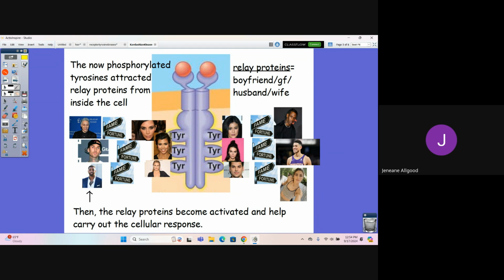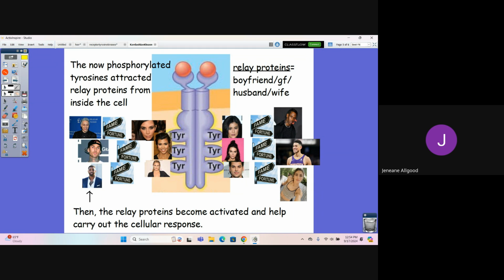So they're going to be the relay proteins. Now, some of these people, yes, were already famous in their own right. Some of them, like think about, who was Courtney first married to? He's kind of a dirtbag. You're supposed to know this. His name is Scott Disick.